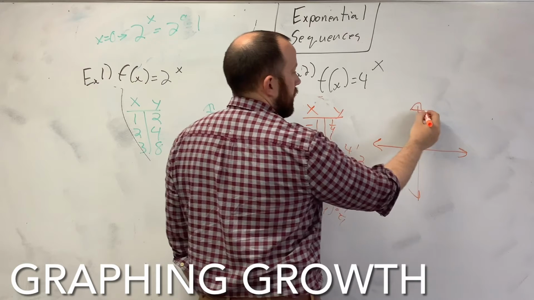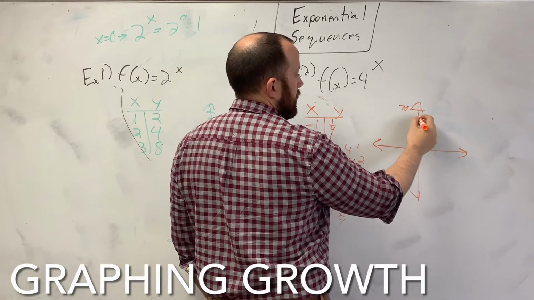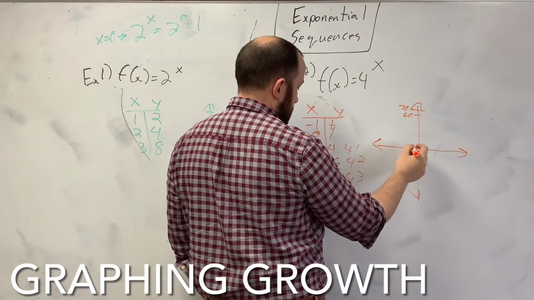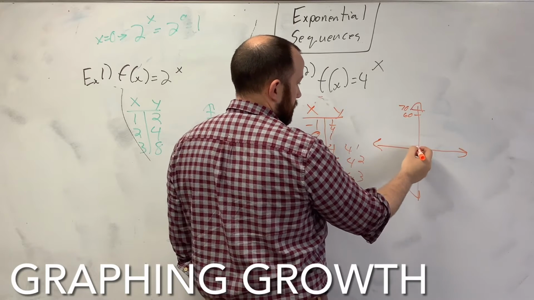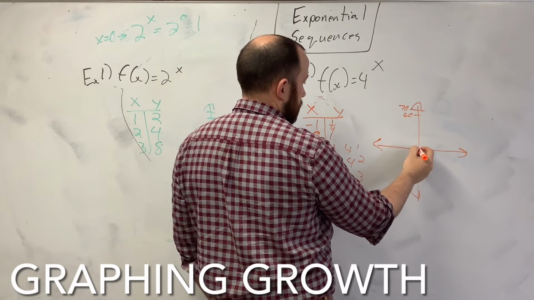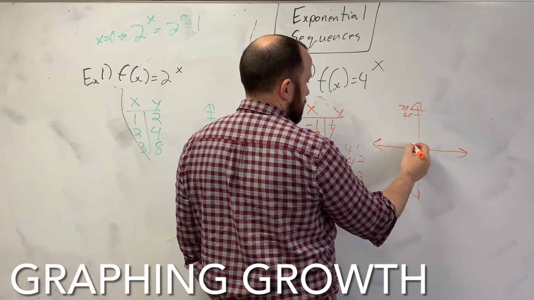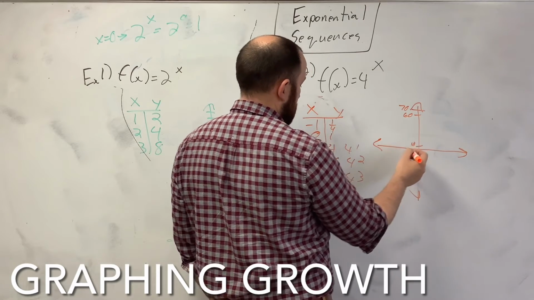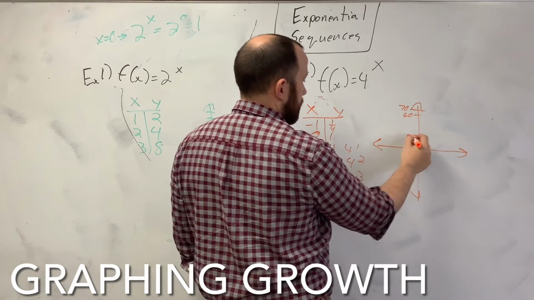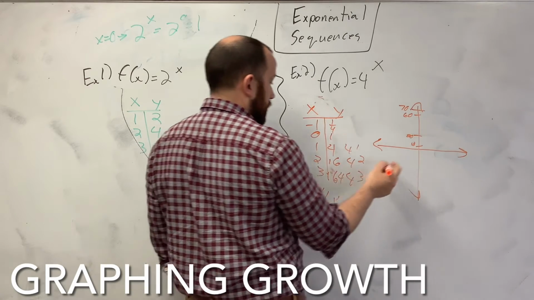I'm just gonna call this right here 70, call that 60, just to make this easier. And then call that 10, call that 20. This is gonna look like a jacked up graph, but that's all right.